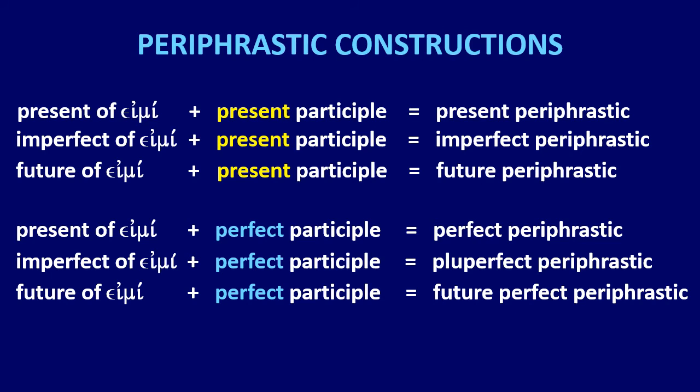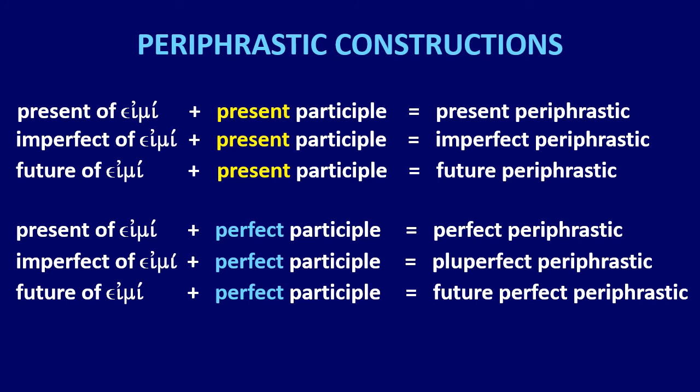Again, a periphrastic construction comes from the preposition peri, which means around or about. And so this is a roundabout way of saying, in essence, the same thing. It would just be another artistic way of stating something regarding a present or imperfect or future indicative.